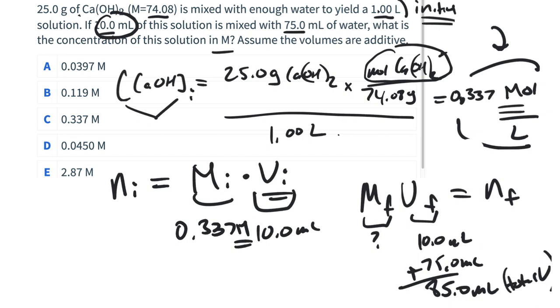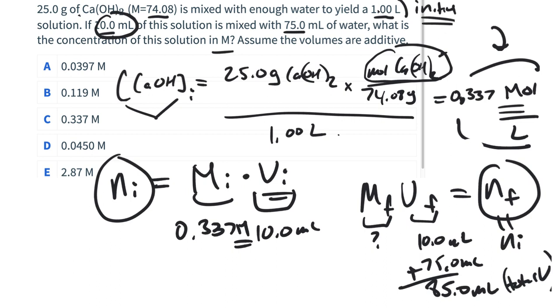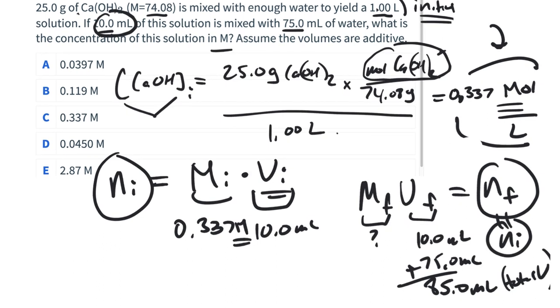Well, my final number of moles of that solute shouldn't be changing, right? The final number of moles should be equal to the initial number of moles, since we're just diluting. We're just adding water, not changing the total moles of solute. And so this should be equal to Ni. And if Ni is equal to MiVi, then MfVf should be equal to MiVi.